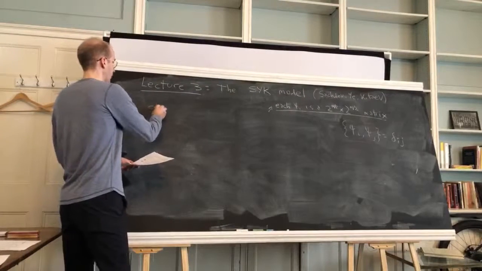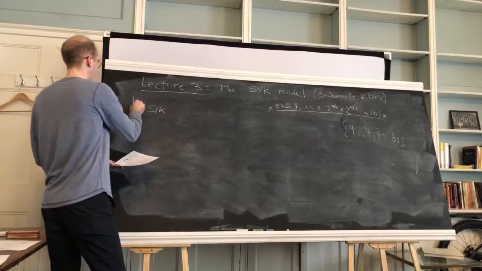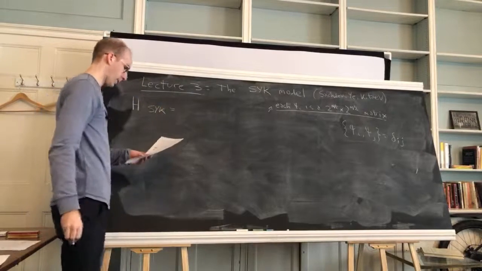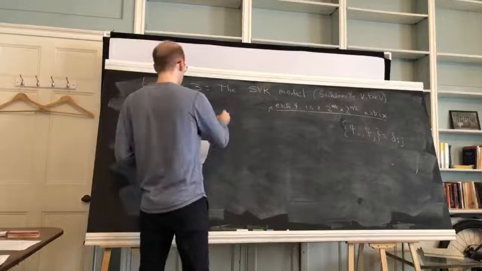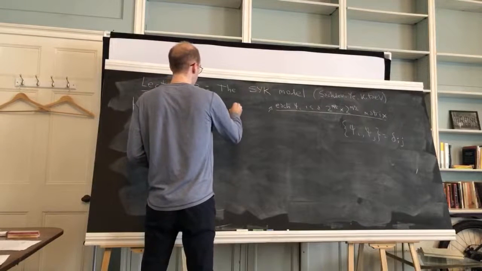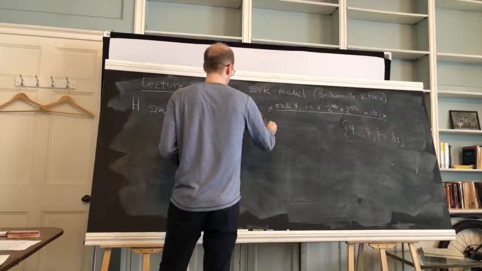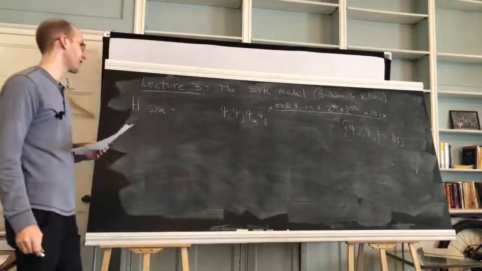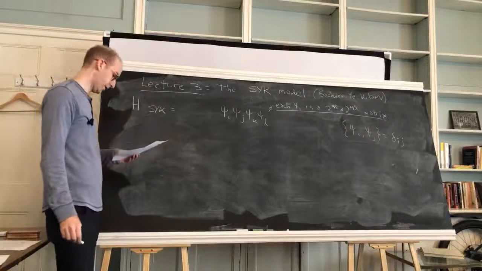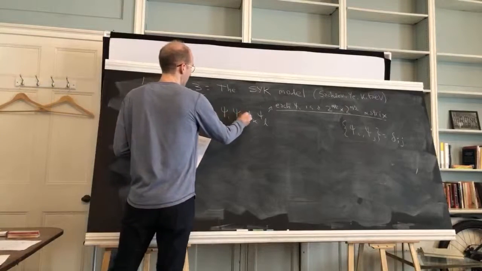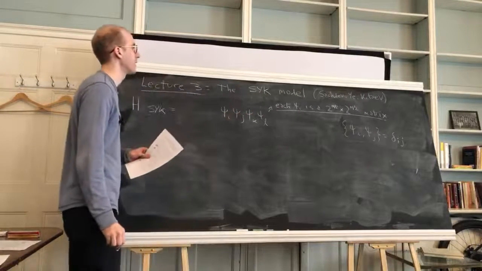So the SYK Hamiltonian, well, let me just write it like this. We will take 4 of these fermions, psi i, psi j, psi k, psi l, and we will multiply them as we multiply matrices.